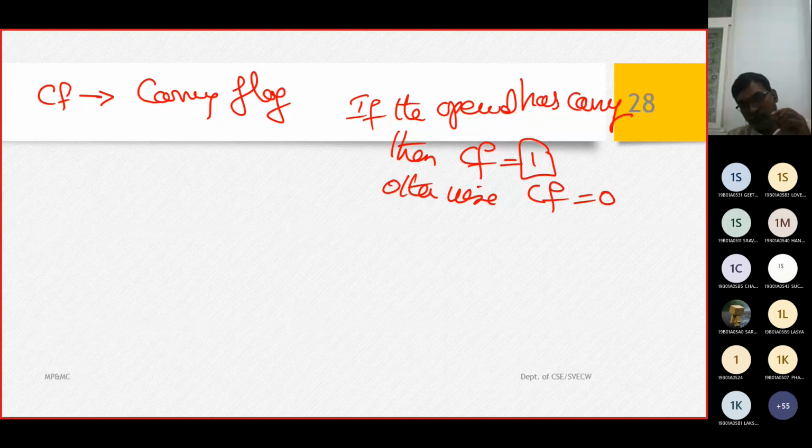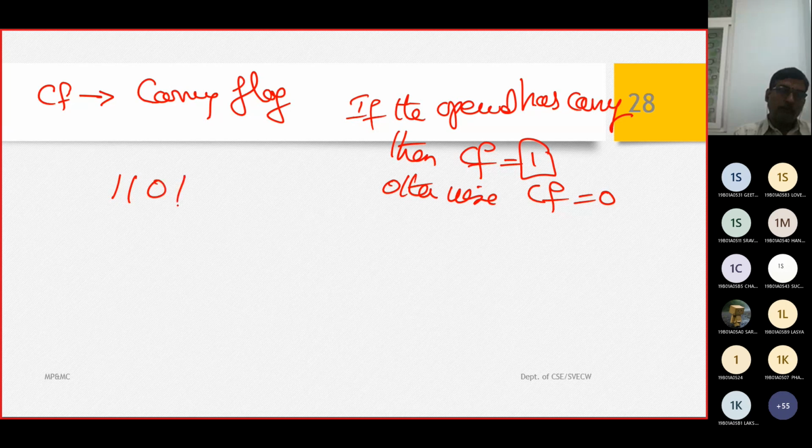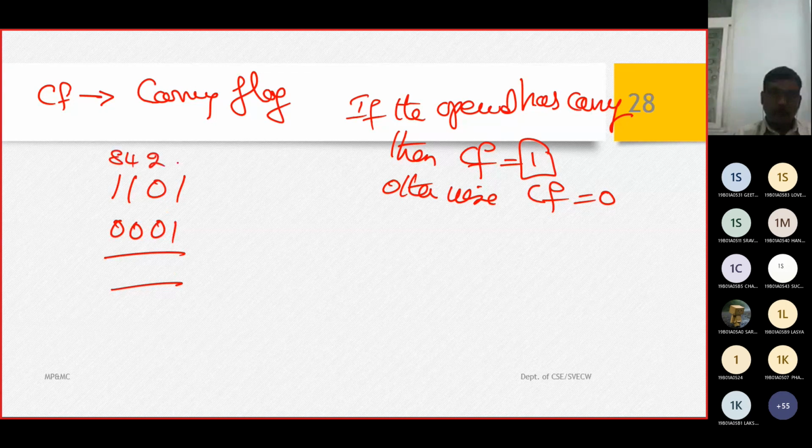When is a carry flag high? When is a carry flag low? Now let us say I am doing an addition of 1101 with 0001. I have 8, 4, 2, 1. So 8 plus 4, 12 plus 1, 13. To this 13, I am going to add 1. Therefore, total is going to become 14.